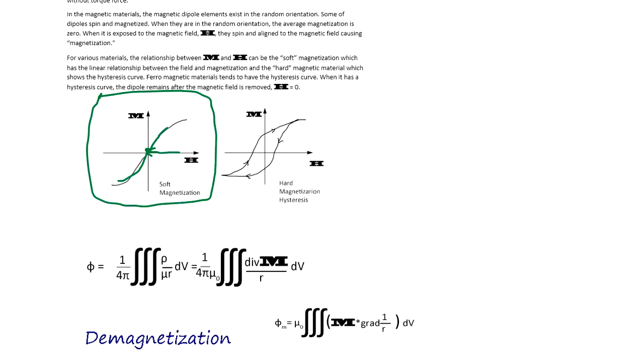But in the hard magnetic material, after you remove H, you have this much dipole left. In order to remove that, you have to magnetize in the opposite direction and come back. Then you have the opposite side. This is a memory effect. Remember, it's magnetized once, and this is called hard magnetization, and this loop is called hysteresis loop.